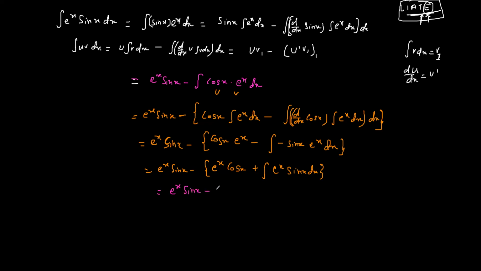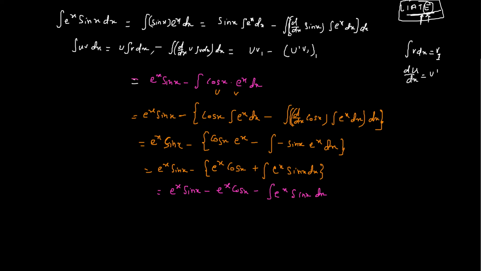Open the bracket. Now you can see you have to use the UV rule again because this is integration of product form, right? You can ask how many times we are going to integrate this.